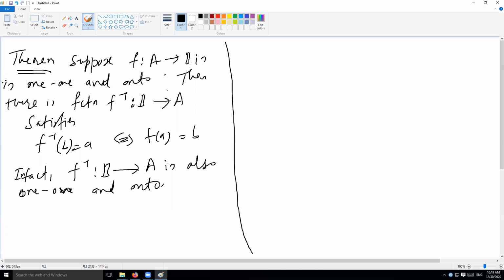Okay, so f inverse is also 1-1 and onto.